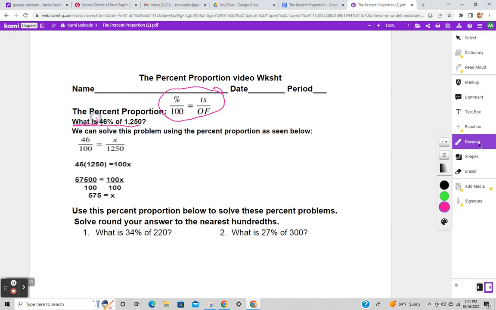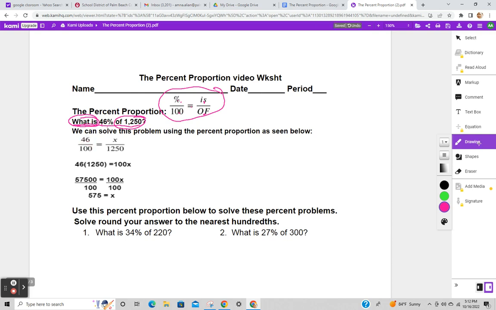What is the question that we're asking? What is 46% of 1250? Of always goes down here on the bottom. So this is where the number that goes with the word of goes. And this is where the number that goes with is goes. And this is where your percent goes.